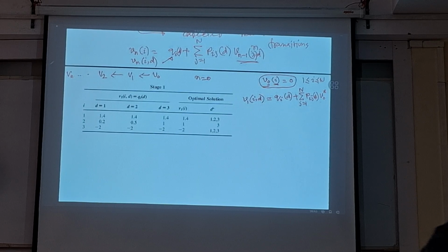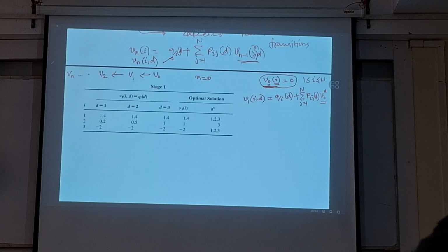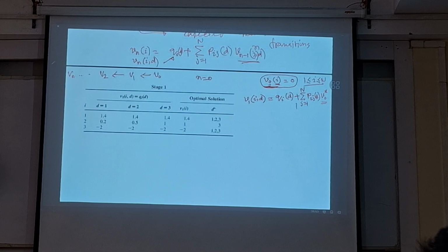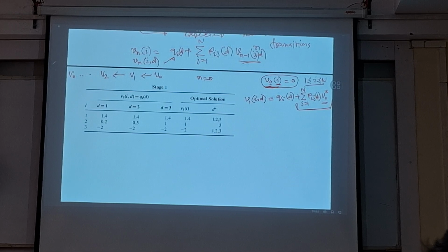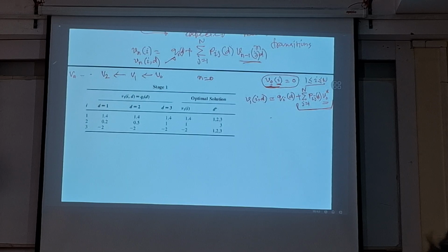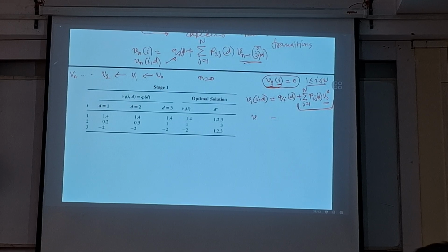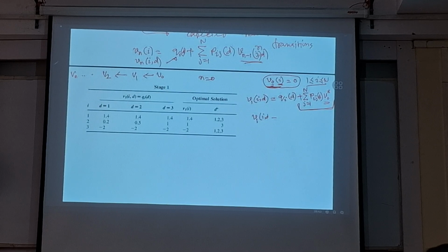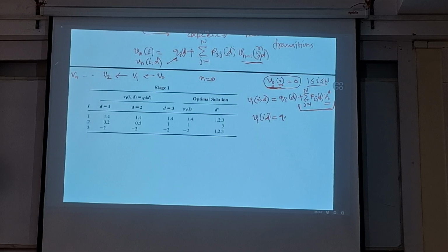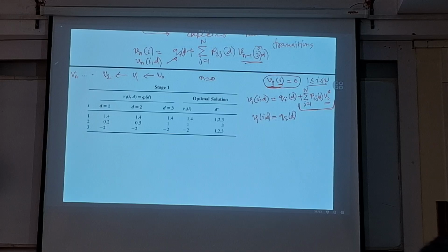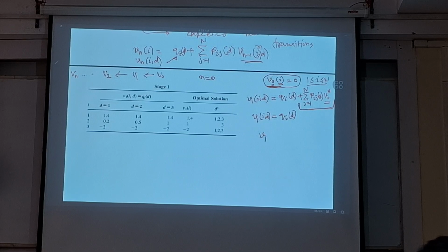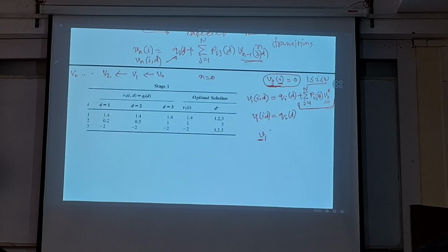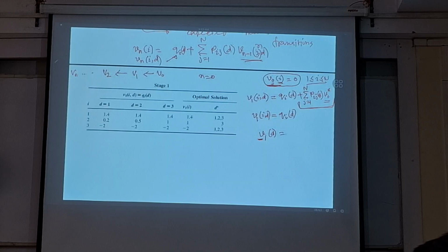Now, since we assume that V0 is 0 for all states, this part for now is gone. Then we can write V1 of i for policy d equal to Qi for policy d. Or in the matrix form, what can we write? V1 when d is a vector for policy d is equal to.